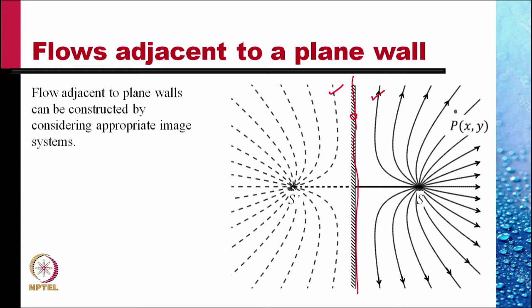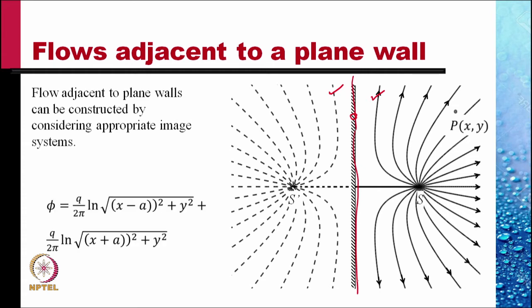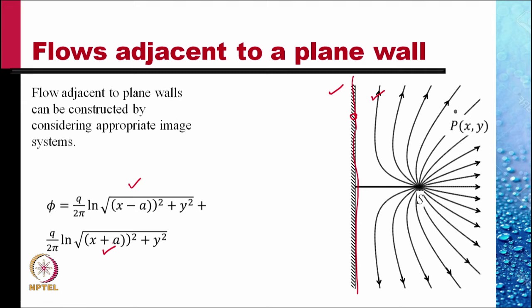The potential at point P can be written as the potential due to the source at x is equal to a and y is equal to 0, and at x is equal to minus a and y is equal to 0, a combination of the two potentials. This is the resulting flow due to a source situated very close to a wall.